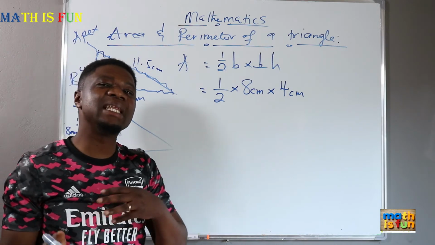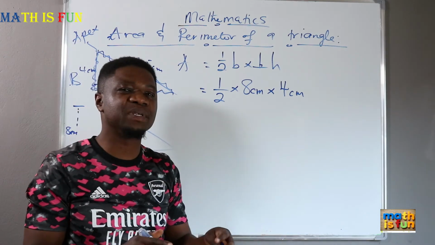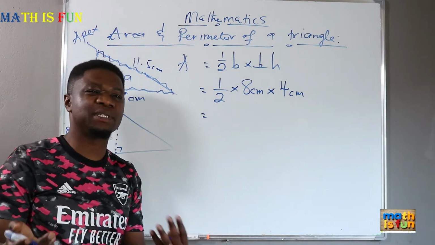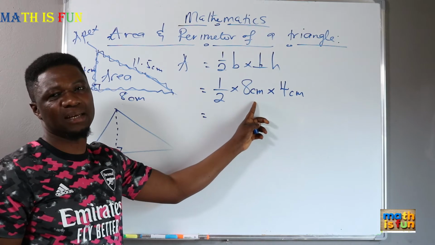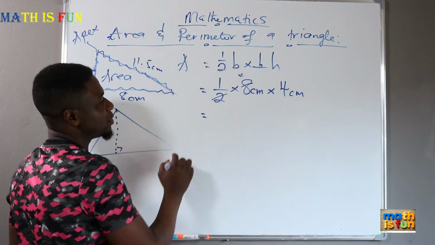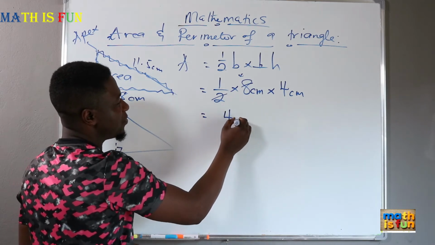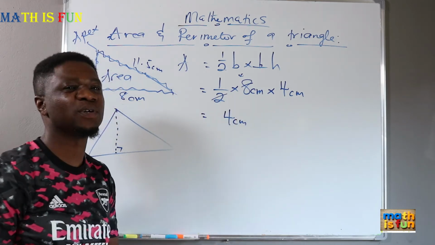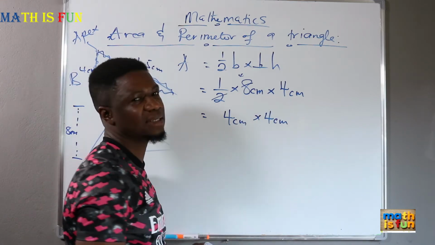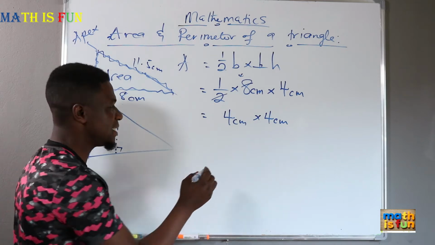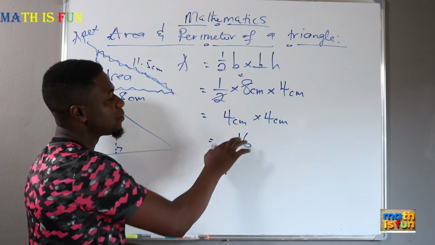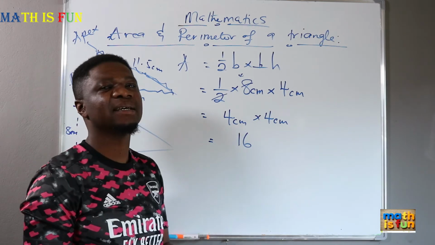This is called substitution. You're replacing the numbers where they are supposed to be. So we are done with our substitution. Now we have to do our multiplication. Half of 8, or someone will say that 2 goes into 8 4 times, will give us 4 centimeters. So half of 8 is 4. Then 4 multiplied by 4 centimeters. 4 times 4 will give us 16. I believe you are following. Yes, 16. Centimeter multiplied by centimeter.